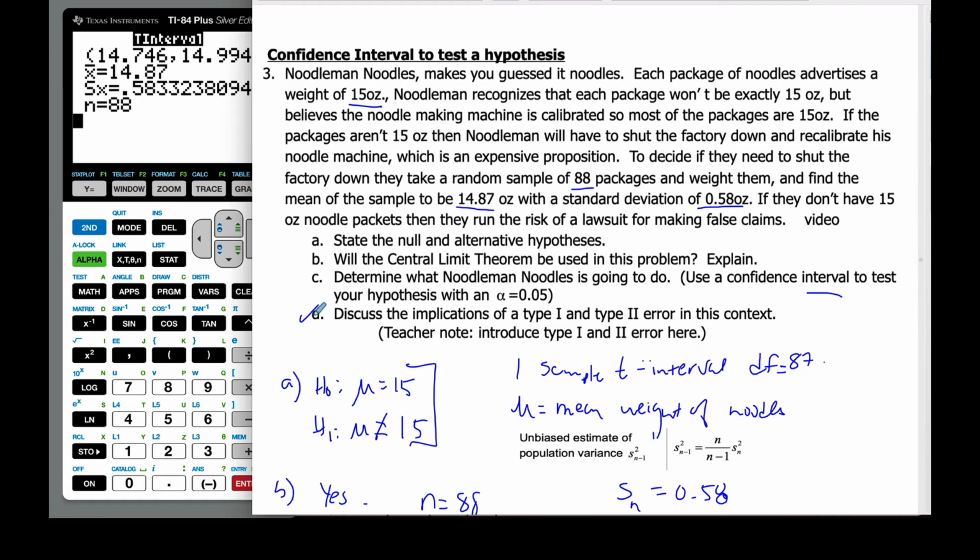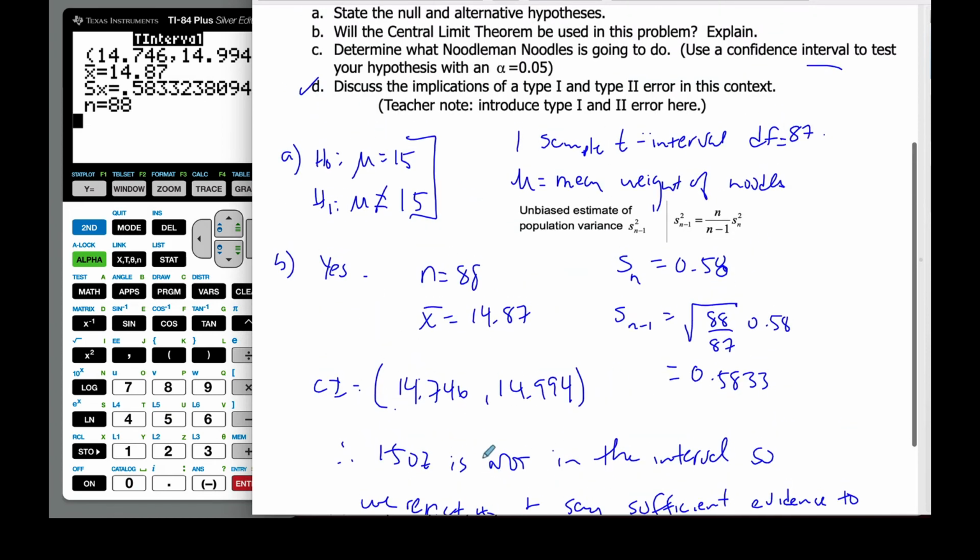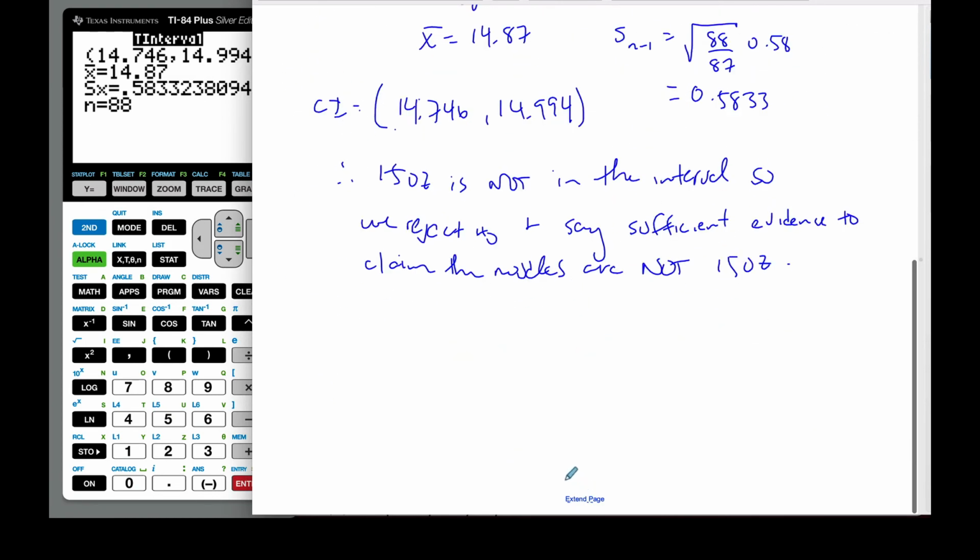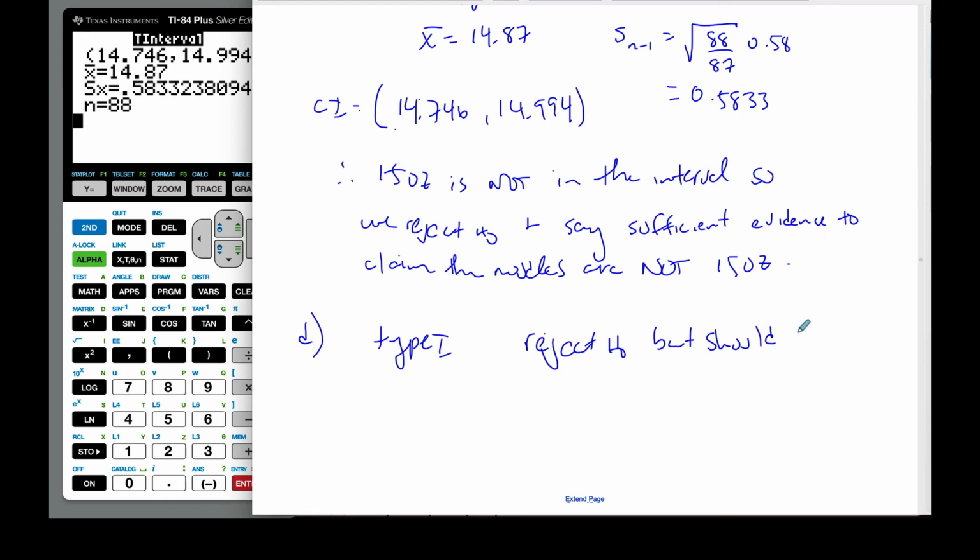And then finally it says discuss the implications of a type 1 and a type 2 error in this context. Well, a type 1 error is if you reject H naught, but you should not have. So in this case, we actually rejected H naught, so we may have committed a type 1 error. We'll never know.